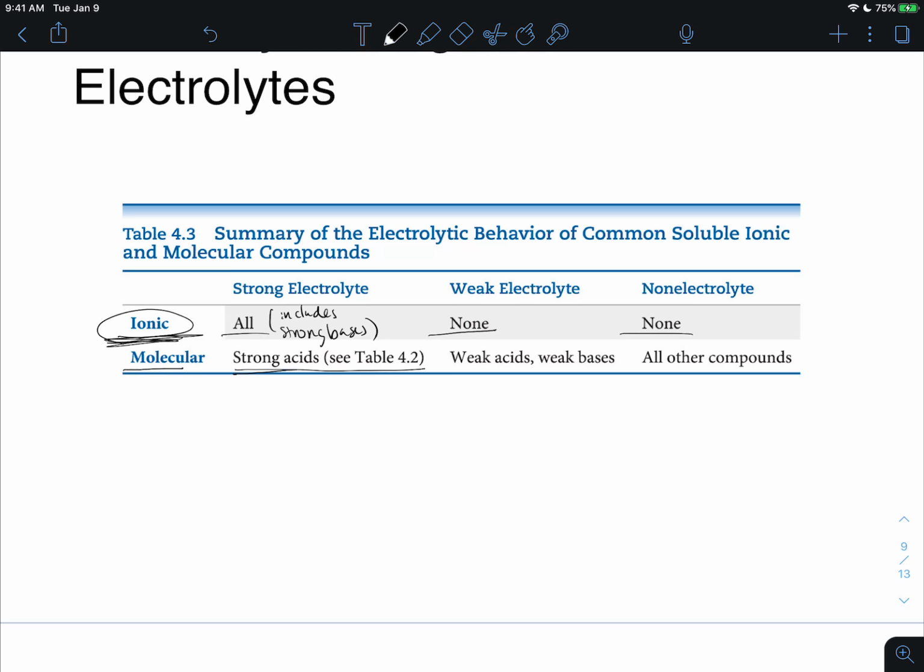Our strong acids are a molecular species, unlike our strong bases, and they will completely dissociate and form a strong electrolyte. Our weak acids and our weak bases, both of those are molecular species, and they will both be weak electrolytes. And then all other covalent compounds, all other molecular compounds are going to be considered non-electrolytes.